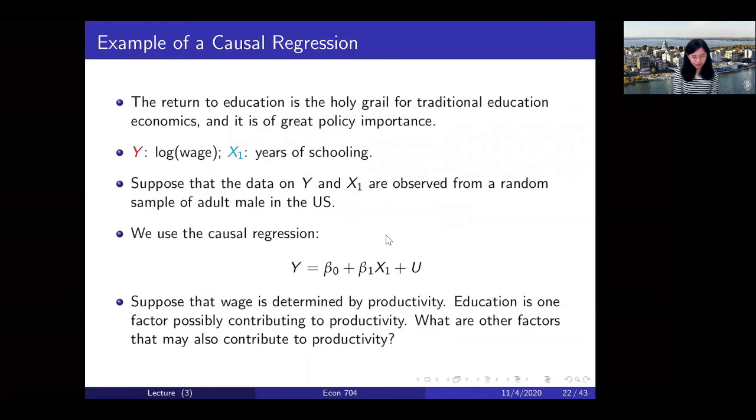Suppose that data are randomly drawn from the population, and the population is the population of adult males in the United States. Can you say that these omitted factors are uncorrelated with education? Well, if you know anything about the education system of the United States, you probably will say, not really.